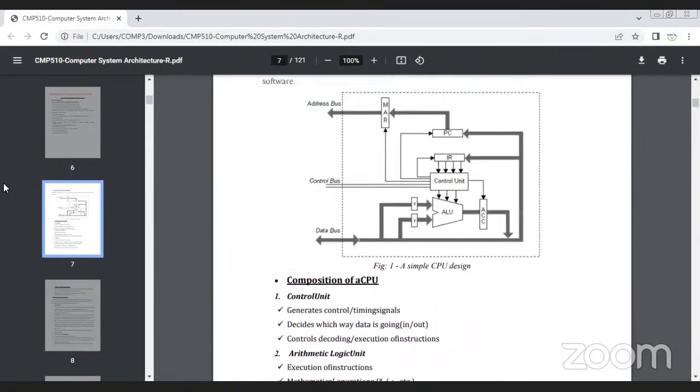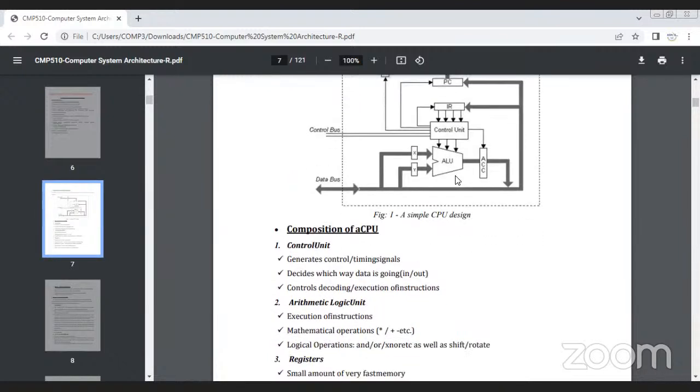So basically the CPU is a composition of three major parts: control unit, arithmetic logical unit, and registers.